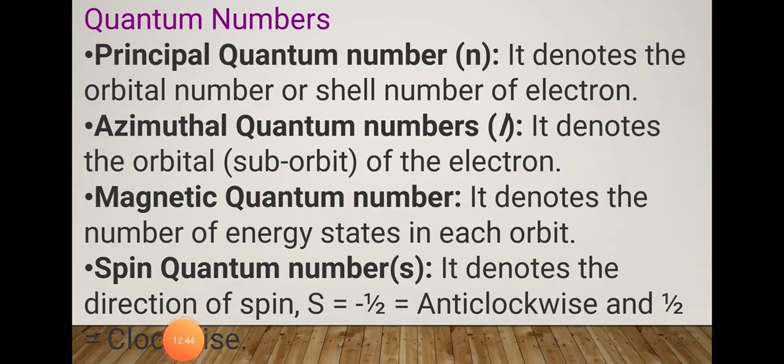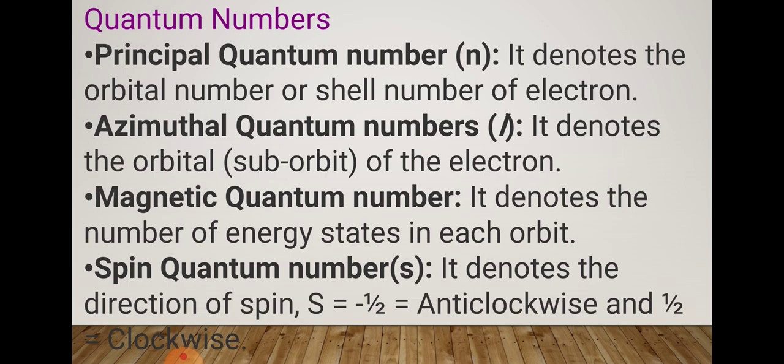The principal, azimuthal, and magnetic quantum numbers come from the solutions of the Schrodinger wave equation that we have not studied, but you have to know that from Schrodinger wave equation only we have received the principal, azimuthal and magnetic quantum numbers.